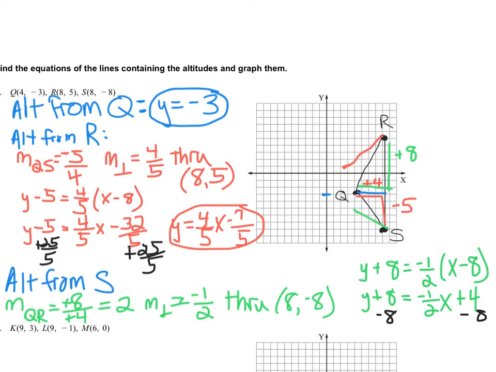And our final work here, you guys, is y equals negative 1/2 x minus 4. And that'll be the equation of that segment right there coming from point S. So that's how we find the equations of all of those altitudes.